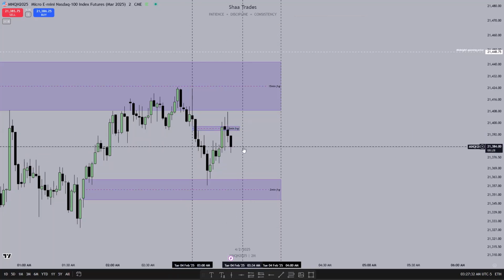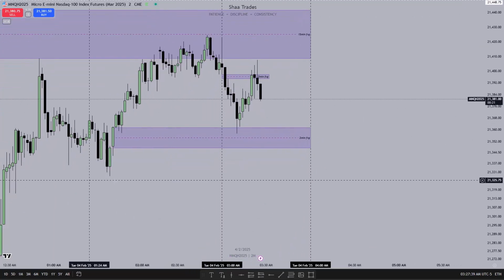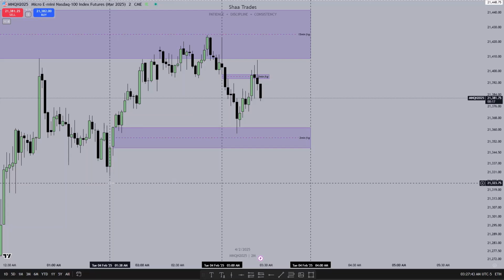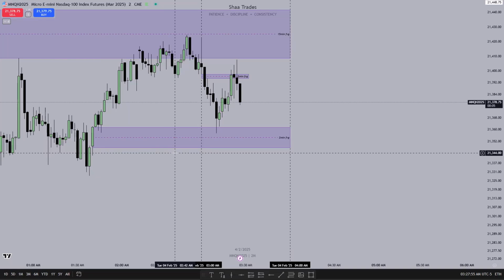Now it's reacting off of this, and now what do you want to do? Do you want to come down here, break this, and then go for these lows? So it might be that's what it wants to do, right?